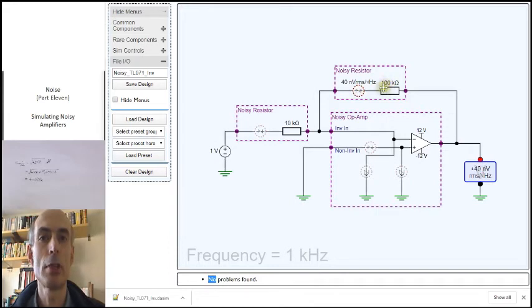The difference is that the noise voltage associated with this resistor is not multiplied by the gain of the op-amp amplifier, whereas the voltage from this noise resistor, although smaller, is multiplied by the gain of the amplifier, which at the moment is a gain of 10. So these are the two most significant sources, contributing a total of 234 nanovolts.